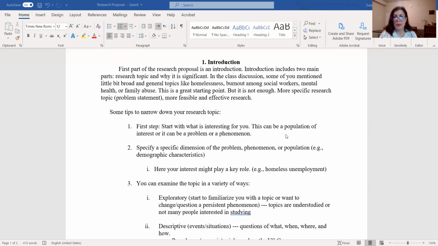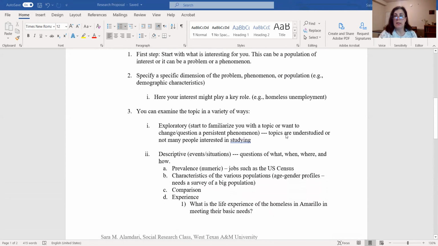Another approach to research is descriptive, which is used frequently in social research or social work research. You may be interested in describing events or situations about a specific population or a specific problem, and you may look at the problem or population in many different ways.